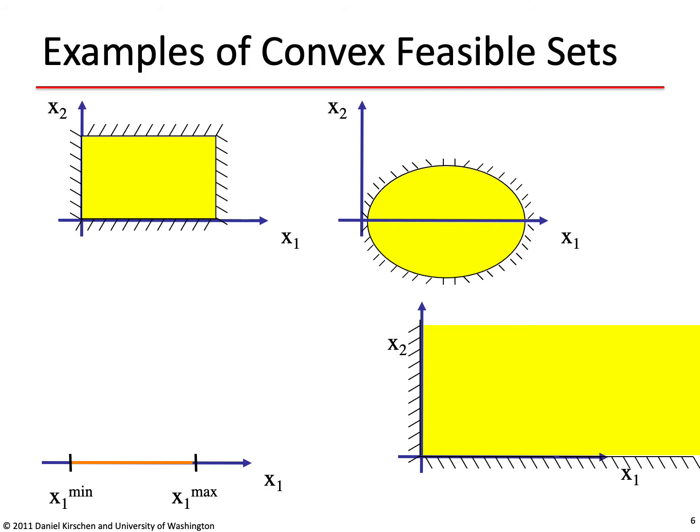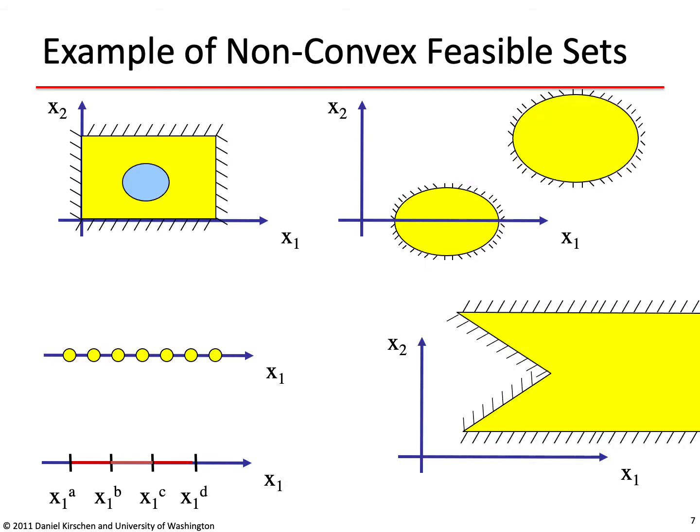The example on the bottom right extends all the way to infinity in both the x1 and x2 dimensions. By contrast, the examples shown on this slide show non-convex feasible sets.